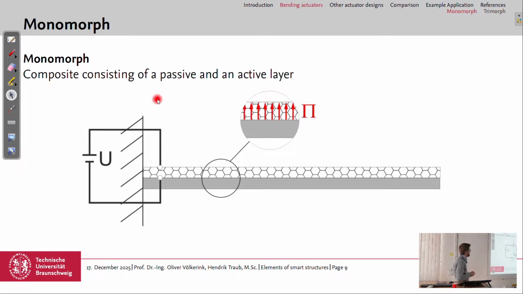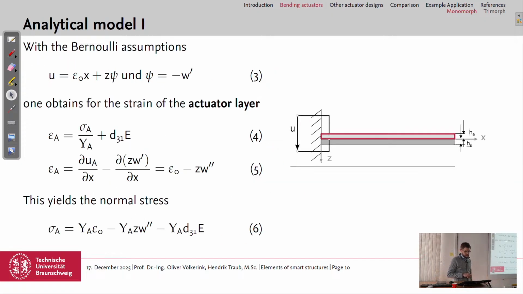Here the monomorph again with a larger picture, but since we have introduced it on the last slide, we will skip that. But we can have a look at again a simple model for the calculation of the stroke amplification. If we use Euler-Bernoulli assumptions, then for beam bending we have this Euler-Bernoulli ODE.